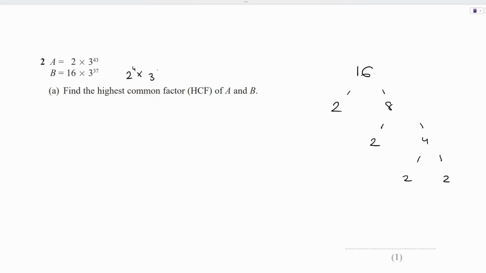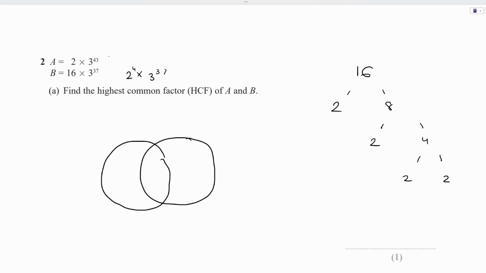Now that we've had it broken down, we can draw our Venn diagram to make it very nice and simple for us to understand. So 2 is common in both these numbers, so we can put 2 here. Let's put A here and B here. So we still have a remainder of 2 to the power of 3 on the B side, so this will come here. Now 3 to the power of 37 is common in both of these numbers, so we can put that in here.